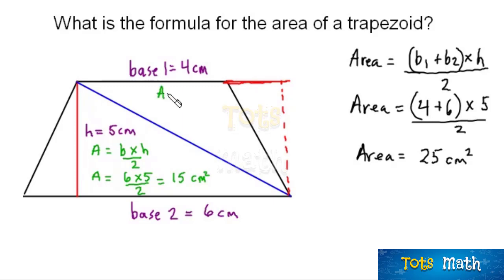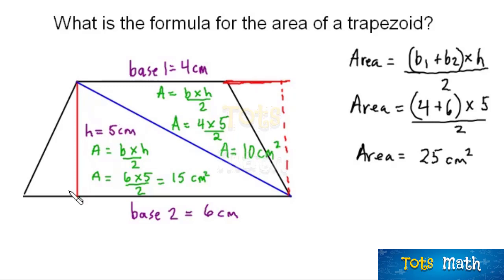So the area of a triangle equals base times height divided by 2. And that gives us 4 times the height, which is 5, divided by 2. 4 times 5 is 20, divided by 2 is 10 square centimeters.